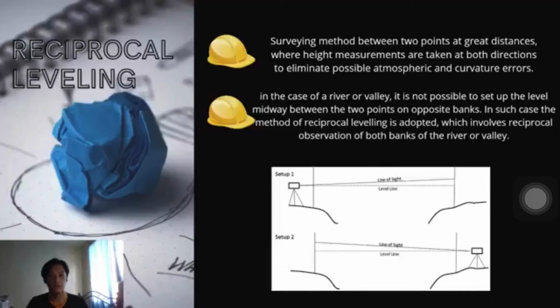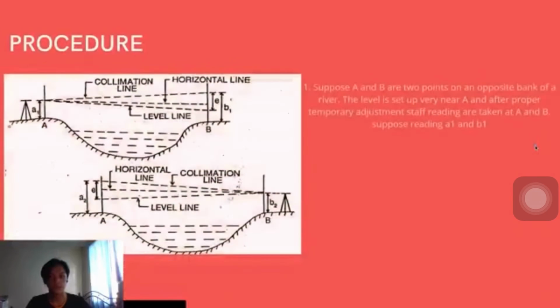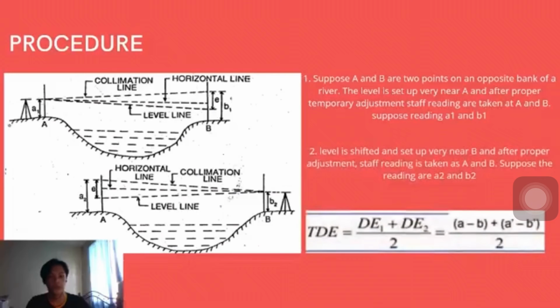So, what are the procedures in doing reciprocal leveling? The first procedure is, suppose A and B are 2 points on opposite banks of a river. The level is set up very near A, and after proper temporary adjustment, staff readings are taken at A and B, and their readings are A1 and B1.